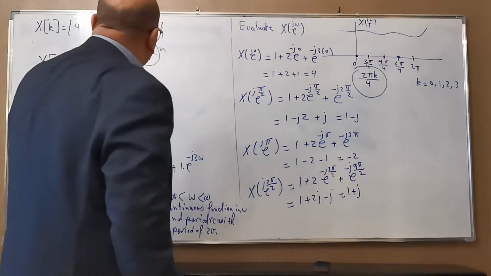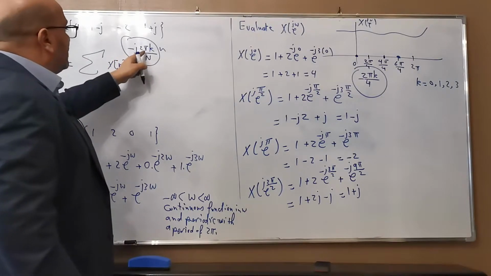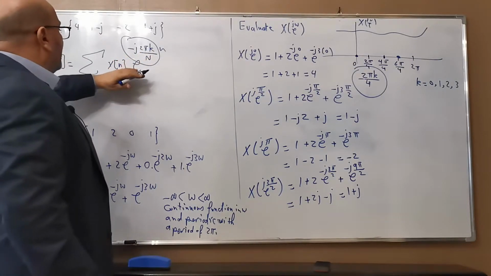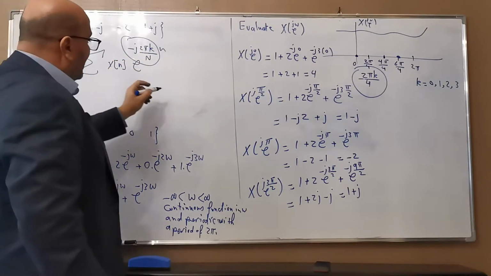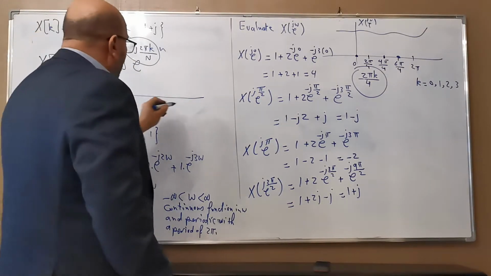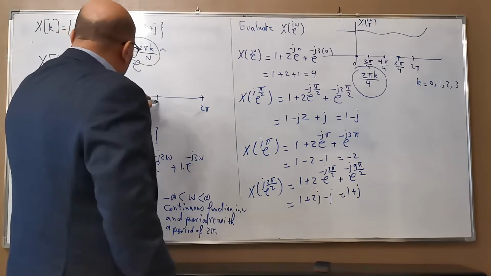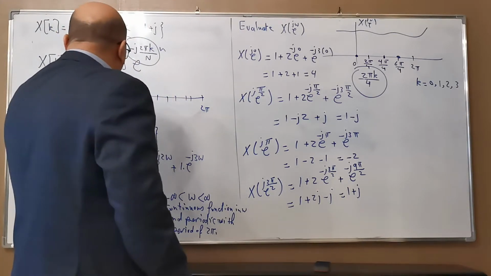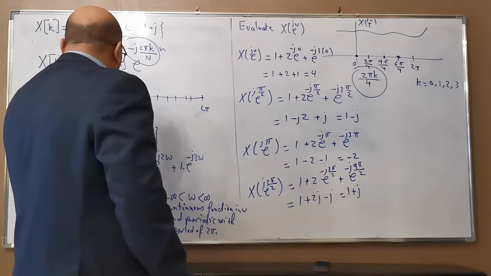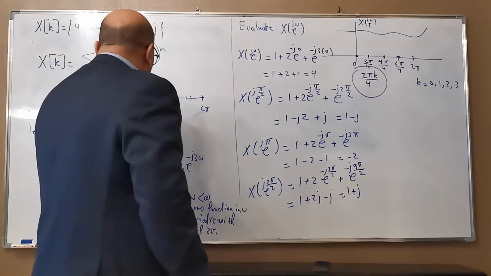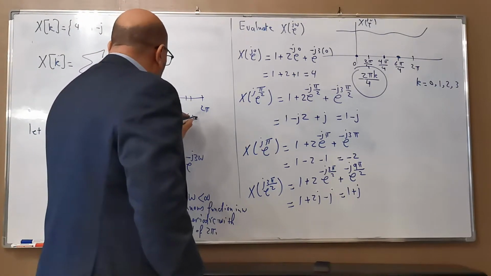This one here is the sampling of the period from 0 to 2π by so many points, which is equal to 2πk over N, where k goes between 0 and N minus 1.